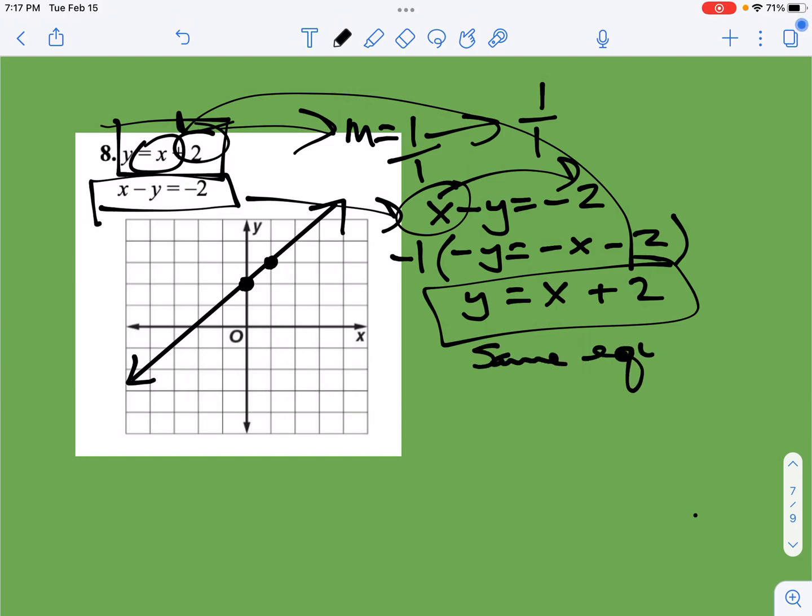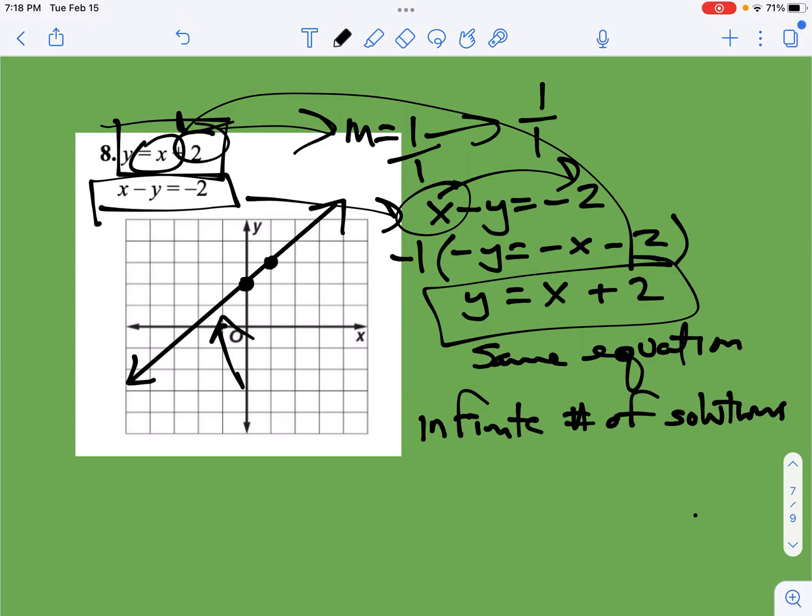And if it's the same equation, I don't have to plot it because I know it's going to be there. So it's just a matter of interpreting your solution. So if you have the same line, that means it is an infinite number of solutions, right? There's no end to how many solutions there are.